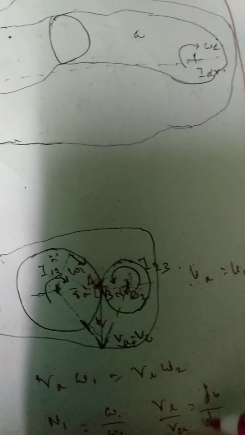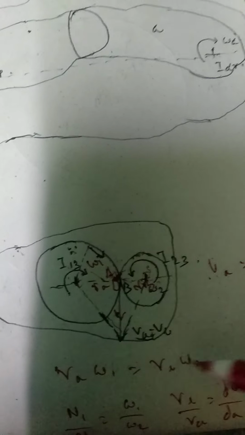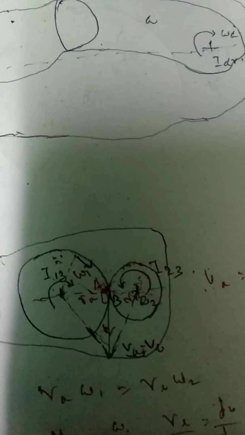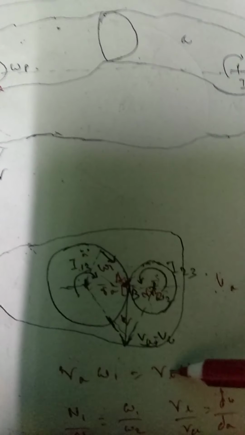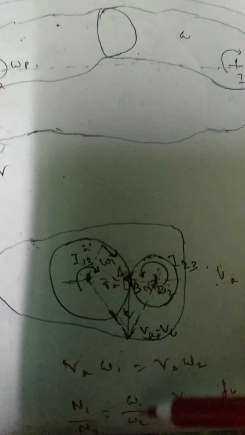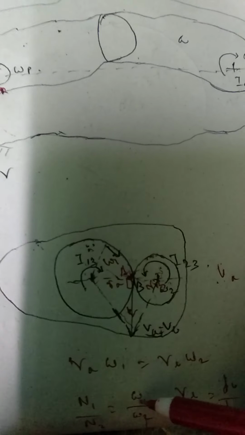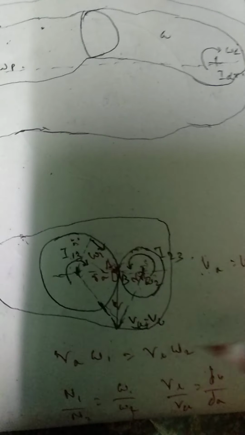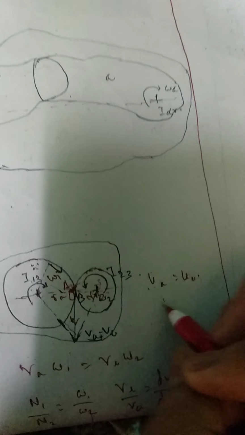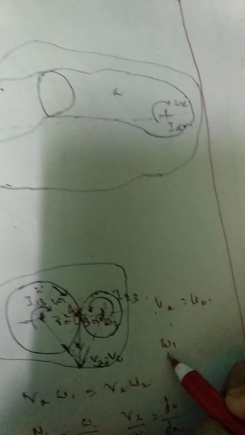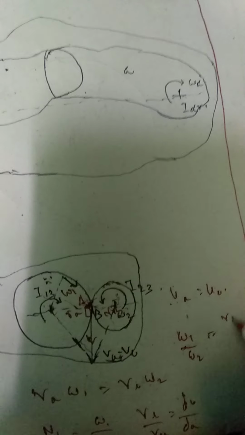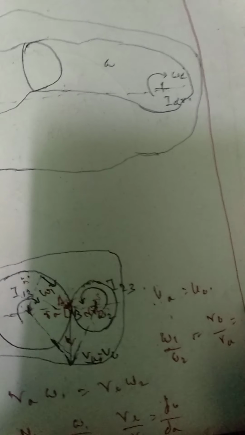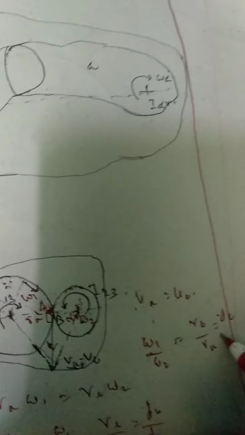So from that we get omega 1 by omega 2 is equal to RB by RA, or we can write dB by dA.